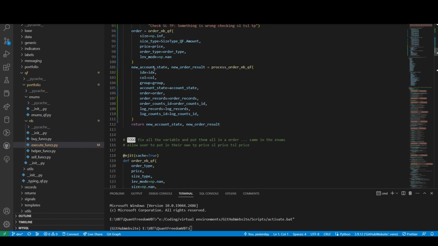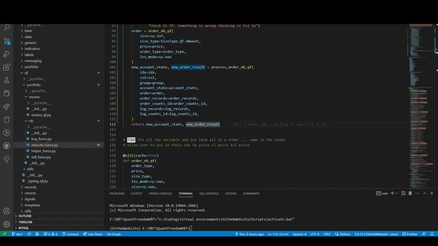Because down here, I'm gonna have to check the order records and the order counts and all that other stuff. I have to check all that. Oh boy.